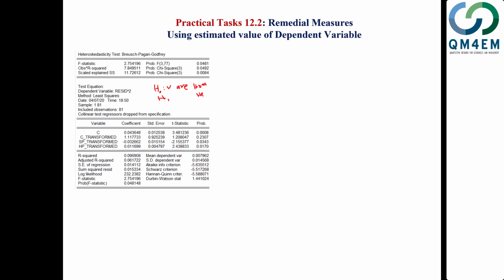So when the F statistic is statistically significant, it shows that H0 is rejected and you go for H1, which says there is a problem of heteroscedasticity.